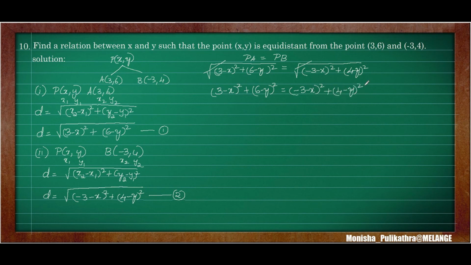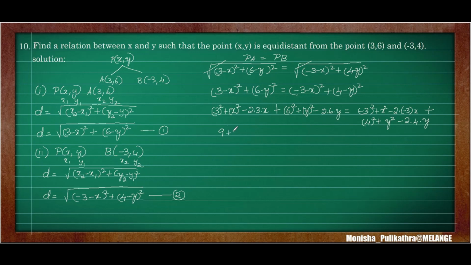We need to expand it using the a minus b whole square formula. Okay, so the a minus b whole square formula is a square plus b square minus 2ab. So we have to write in the same form, a square plus b square minus 2ab, plus a square plus b square minus 2ab. Two into minus 3 into x plus 4 square plus y square minus 2 into 4 into y. Okay, here 3 square is 9 and minus 3 square is also 9.